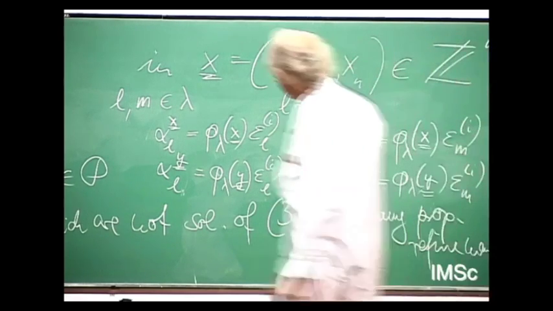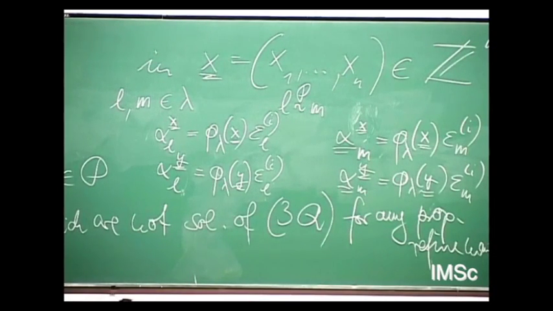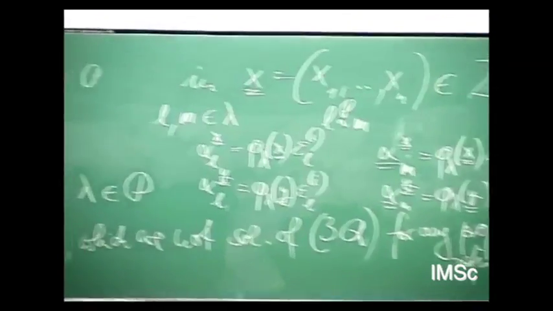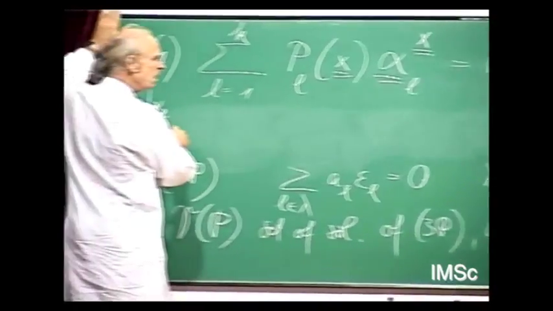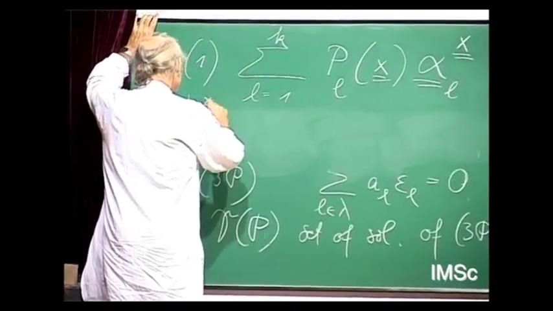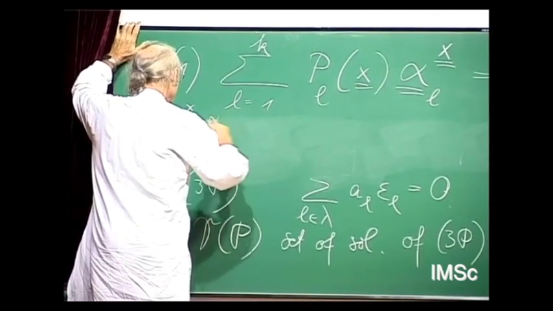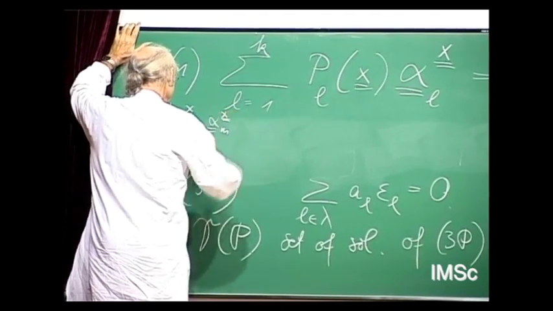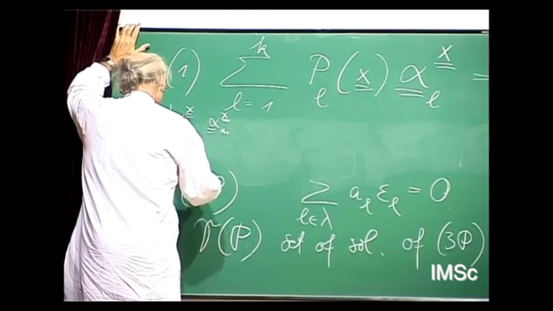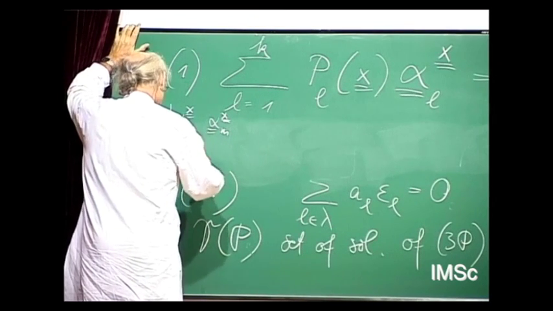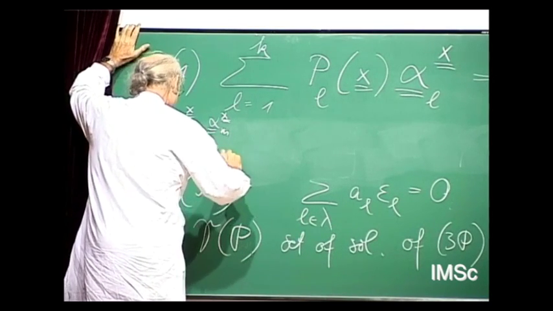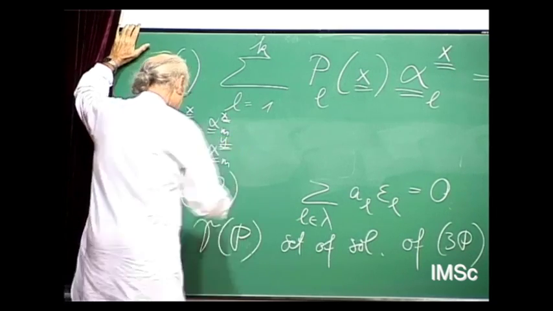Now let us consider the determinant alpha L to the x, alpha M to the x, alpha L to the y, alpha M to the y.